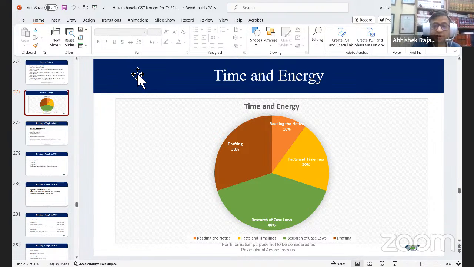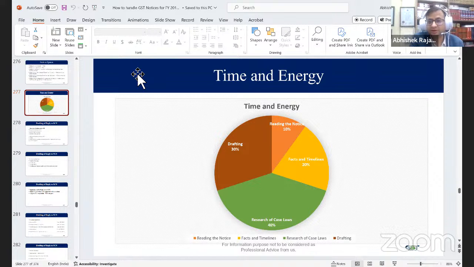Finalizing these, what was the due date? Then researching the case laws, just double time. And a lesser timeline to write what I have researched.